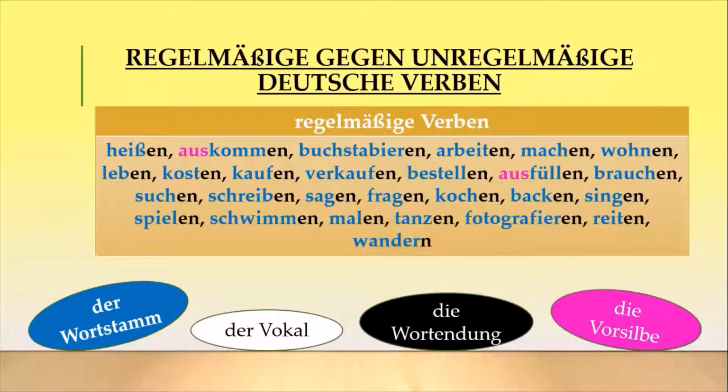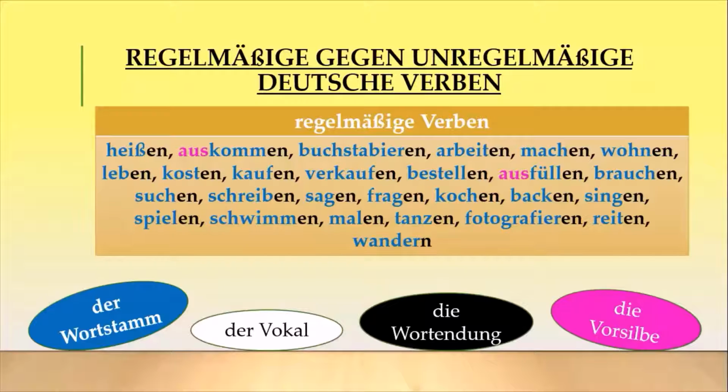Now, when the regular verbs are conjugated in the German language, there is no change in any vowel or vowels in the verb. And since the vowel or vowels don't change, therefore the word stem will also not change. The verb ending will change, of course, as the verb is conjugated in the German language.